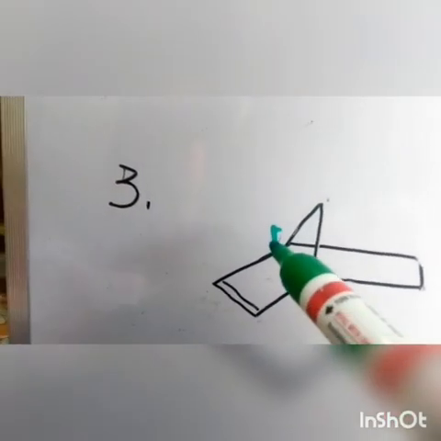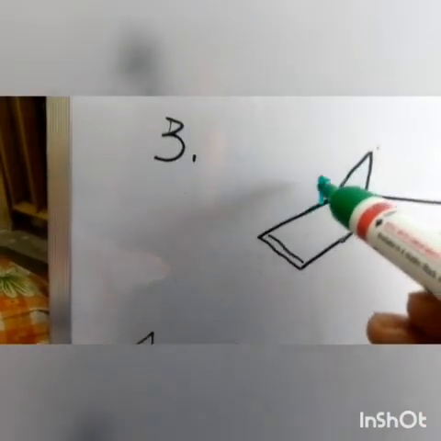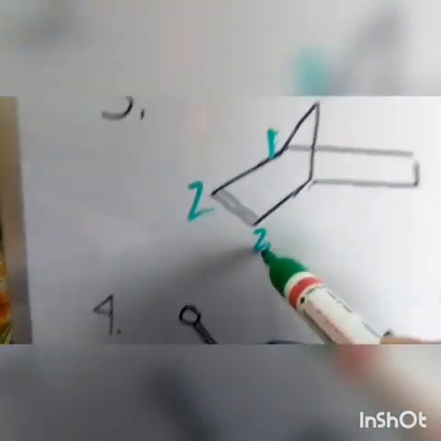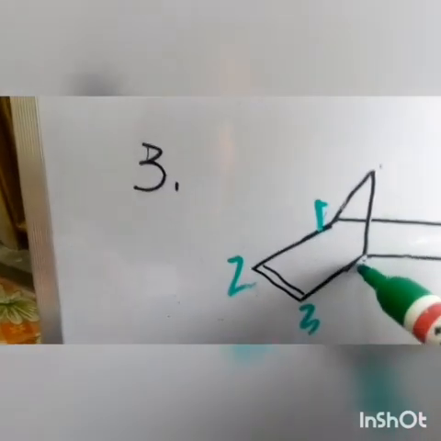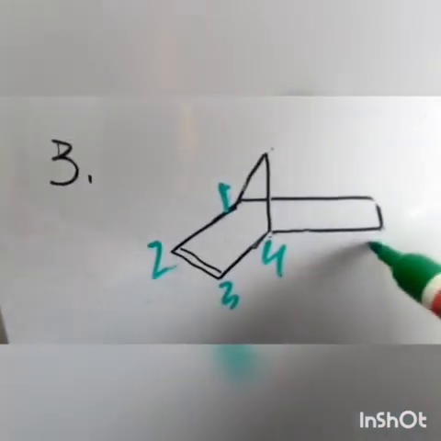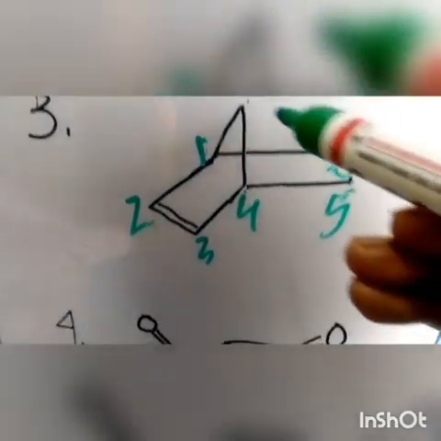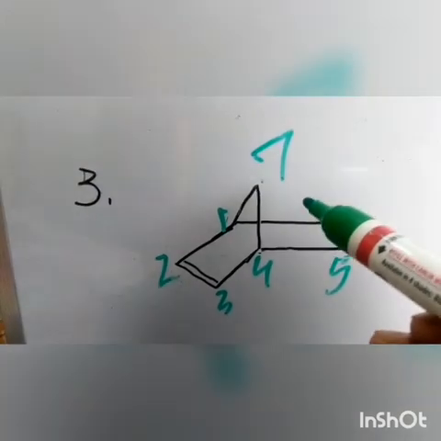So we should start from this point: 1, 2, 3, 4, 5, 6 and 7.